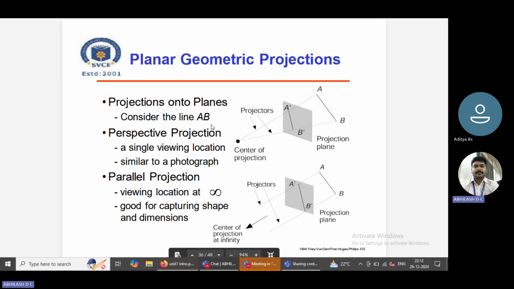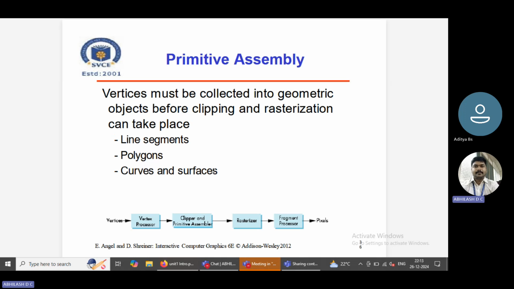Projection means the object's information falls at one particular point, or, in parallel projection, the center of projection is not at one point but at infinity. So don't break your head over this. This is not needed much.